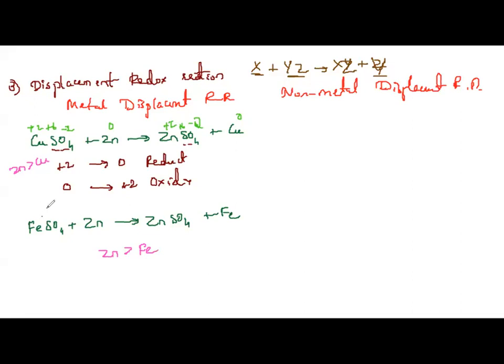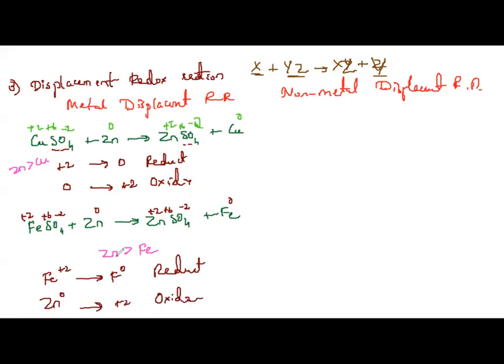In FeSO4, sulfur is plus 6 and oxygen is minus 2, so plus 6 minus 8 becomes minus 2, so Fe is plus 2. Zinc is 0, iron is 0. SO4 minus 2 I will not consider. Fe from plus 2 becomes 0, gain of electrons, reduction. Zn from 0 becomes plus 2, loss of electrons, oxidation.